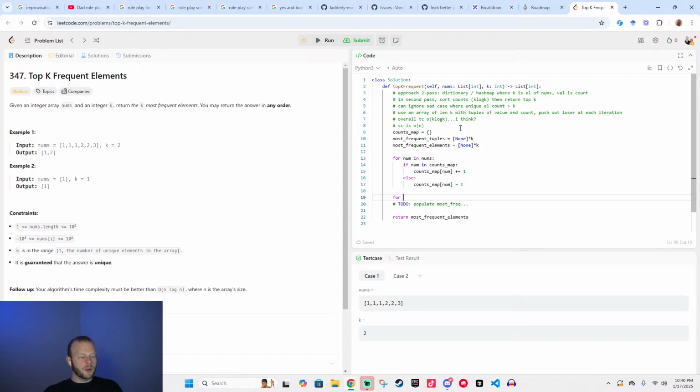So I'll say for pair in counts map.items, num is pair, and let's see. I think I can just split them out here. So I'll say for num, count in counts map.items, most frequent tuples.